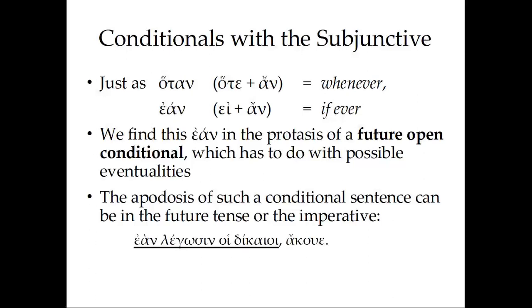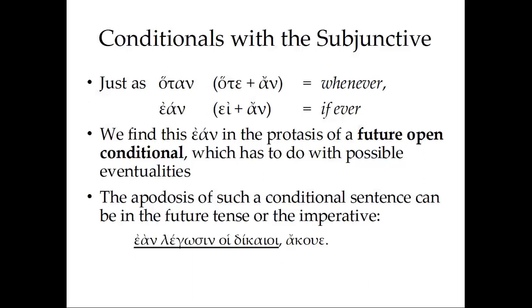Here the example I give is in the imperative. Ean legosin hoi dikaioi, akoue. So we can translate ean as "if ever" or even simply "if." So if the just speak, ean legosin hoi dikaioi, akoue. Listen. We're talking to one person, we're ordering that person to listen. If or if ever the just speak. More commonly, we actually see the future tense in the apodosis of a future open conditional like this.